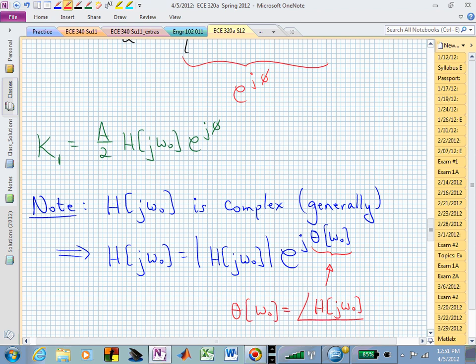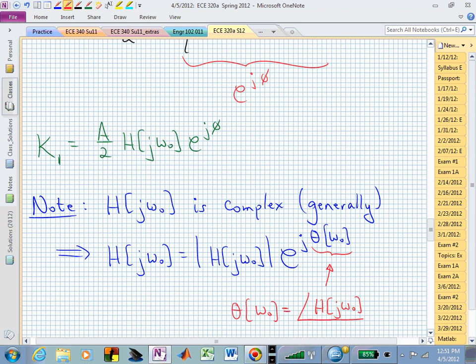Is it a variable? In this case, this is theta, which has as an argument omega naught. That theta, that angle of the transfer function, is going to hinge on what frequency we're exciting the system at. And I'm trying to explicitly call that out by saying theta is a function of that frequency omega naught.